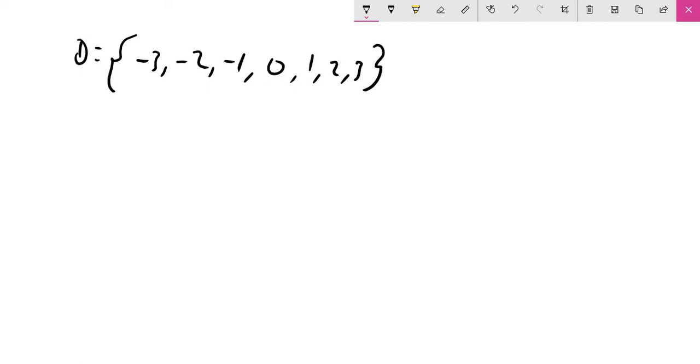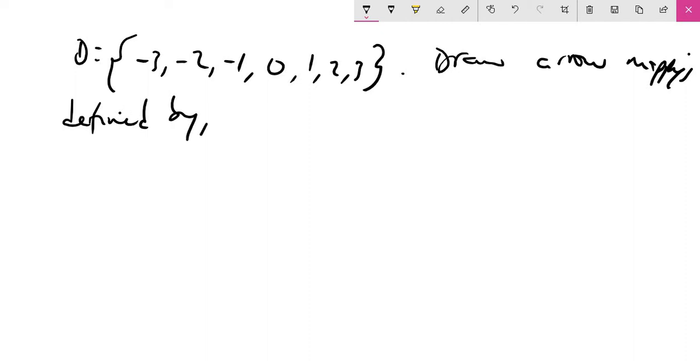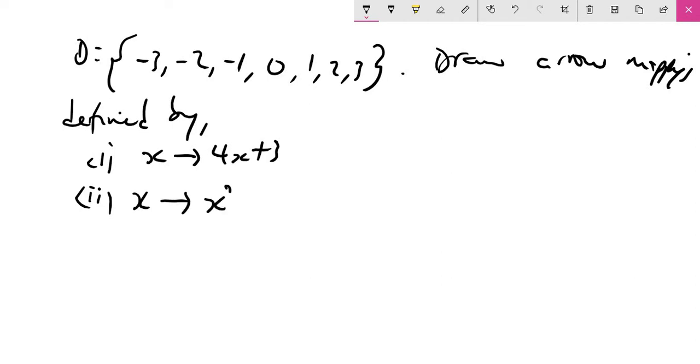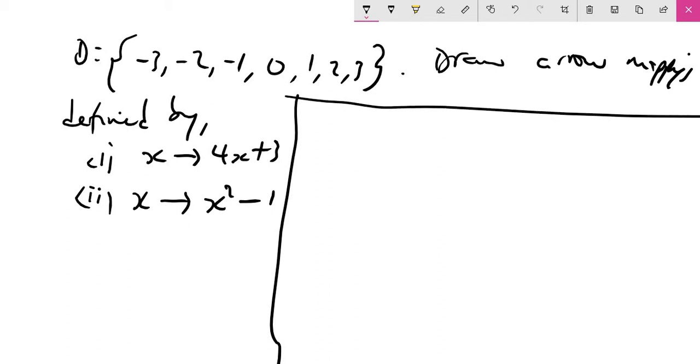Alright, so we have to draw arrow mappings defined by (i) x maps to 4x plus 3 and (ii) x maps to x squared minus 1. So let's just do these right here.